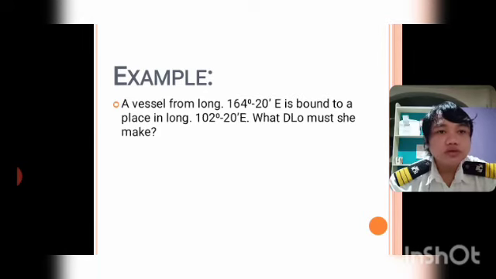You are going from 164 to 102, so the value of the longitude of arrival is lesser than the value of the longitude of departure. It means you are going in the opposite direction. What I mean to say is you are going in the westerly direction.